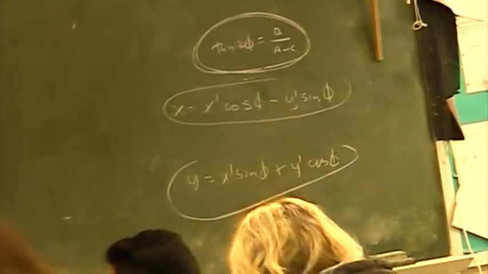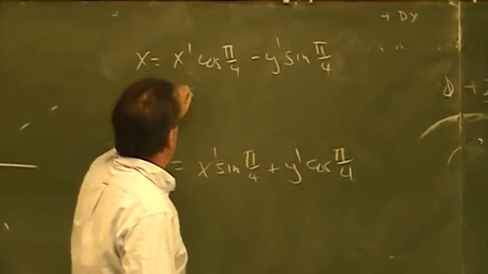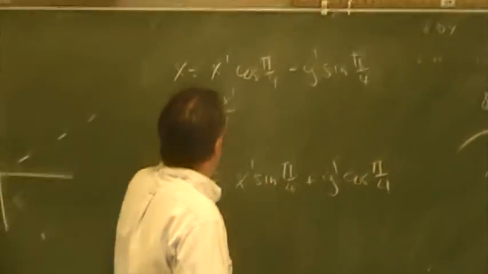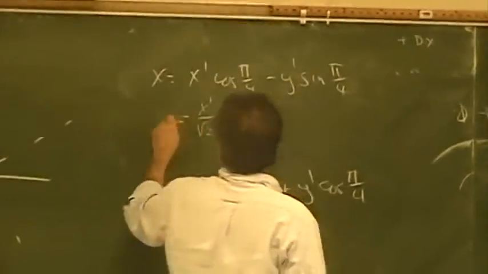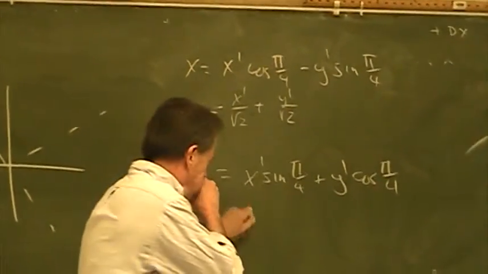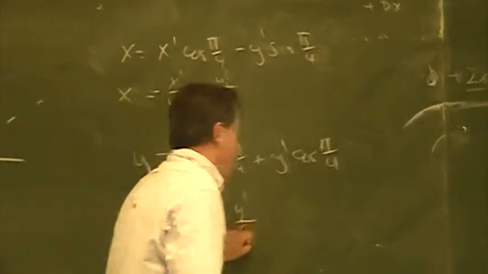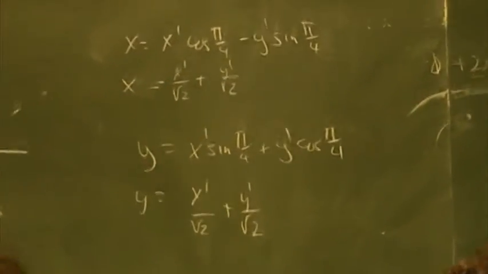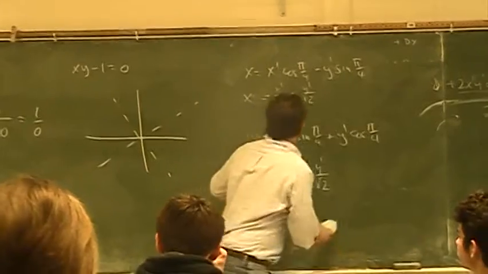This is 1 over root 2. x prime over root 2 minus y prime over root 2 equals x. Y equals x prime over root 2 plus y prime over root 2. So what do you do with that? Substitute something somewhere. X is this.